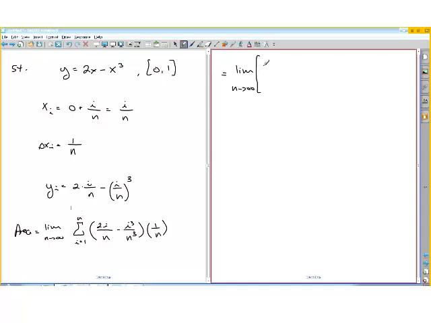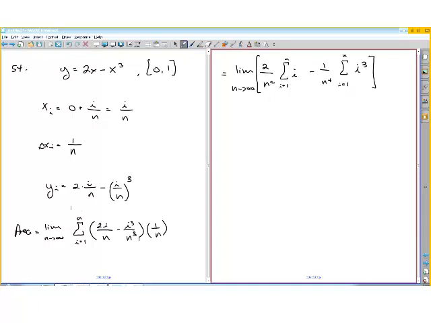So 2 over n squared times the summation from I equals 1 to n of I. That's this part. The second part, we have a negative sign. We'll have n cubed times n, so we'll have 1 over n to the 4th power times the summation from I equals 1 to n of I cubed.